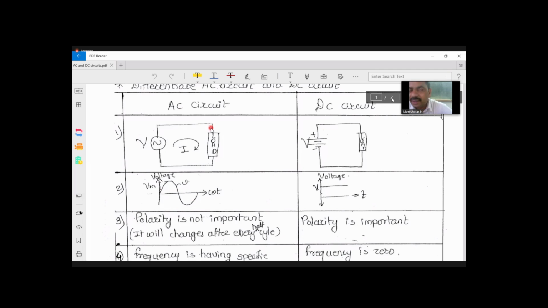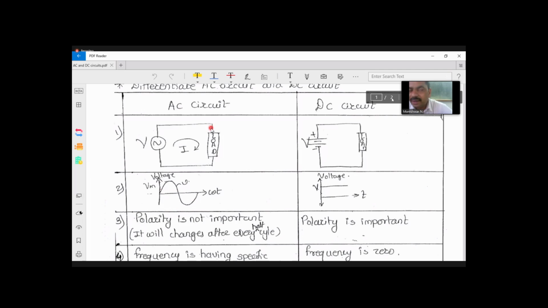We have to follow the color codes. But still, if by mistake you connect it in the opposite direction, nothing will happen. It will not be harmful to the equipment or the user. That's why polarity is not important, as the polarity changes after every half cycle.